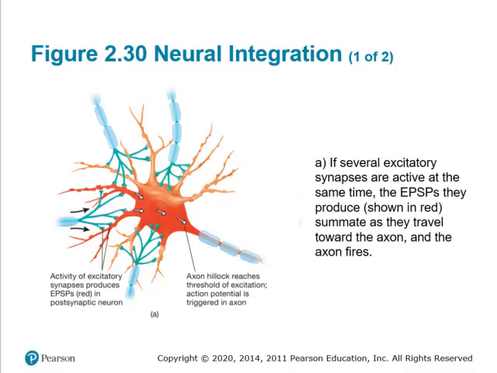The excitatory synapses are represented as arrows that act on the dendrites and the soma, and they are therefore labeled activity of excitatory synapses produces EPSP, excitatory postsynaptic potential, in red. And you can see that the signal reaches the axon hillock, right, which is the source of the action potential.